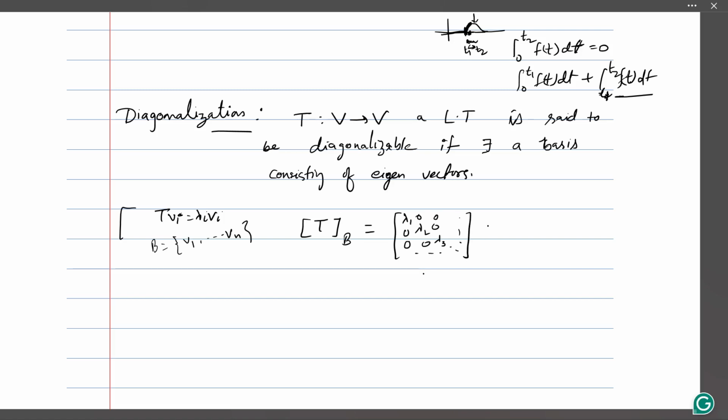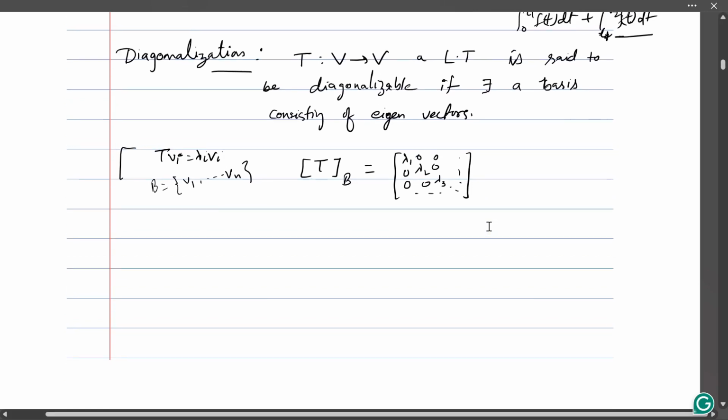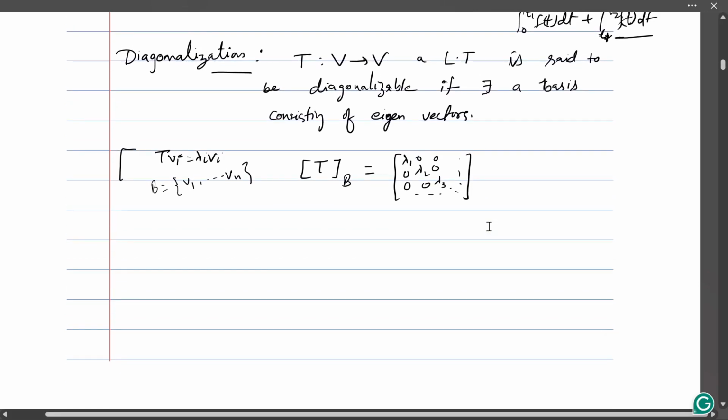Diagonal matrix. Good. This was the definition of diagonalizable. I'm not doing diagonalization here, but this is how it was defined.